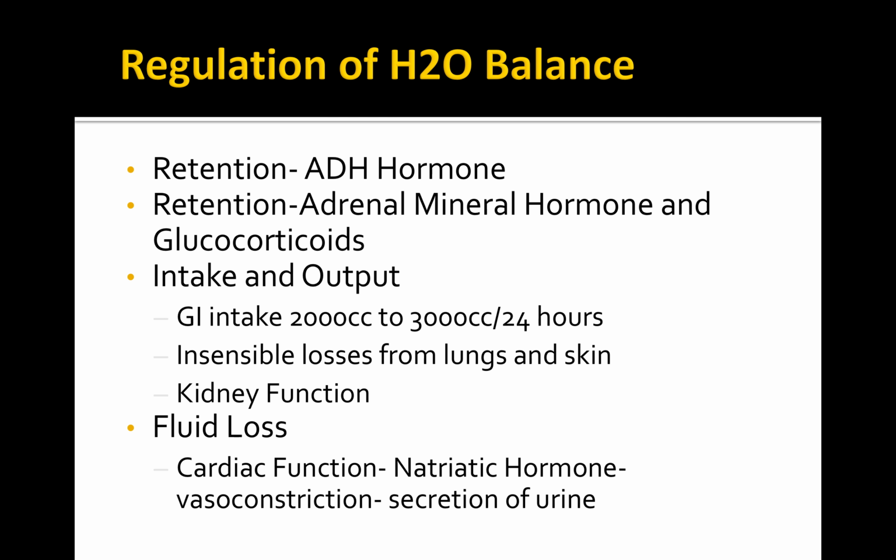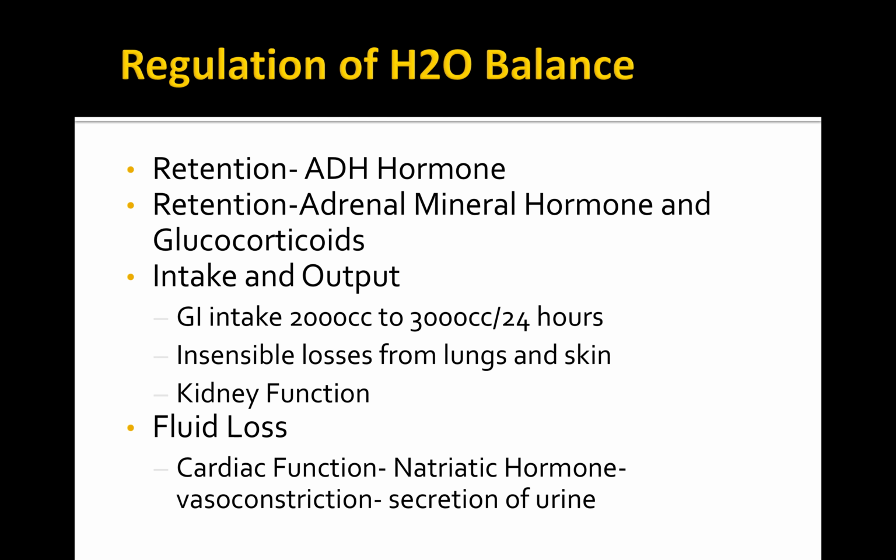Insensible losses, because we really can't measure them, from the skin and the lungs. And then kidney function. It depends on how good is that kidney function. Are we having trouble? Fluid loss from cardiac function, our natriuretic hormone, and could cause vasoconstriction and secretion of urine.